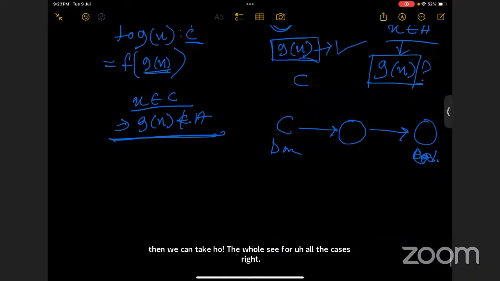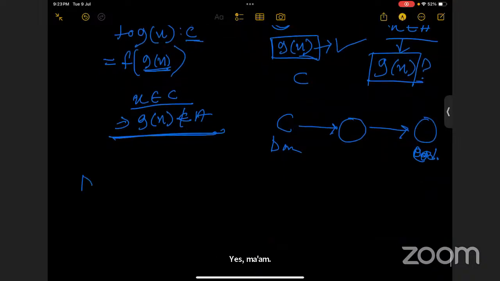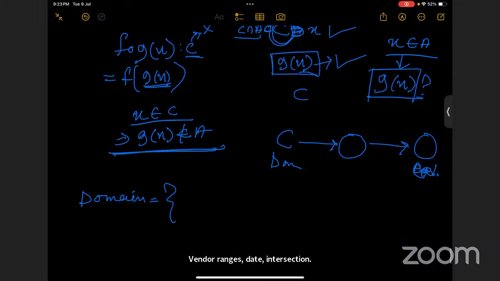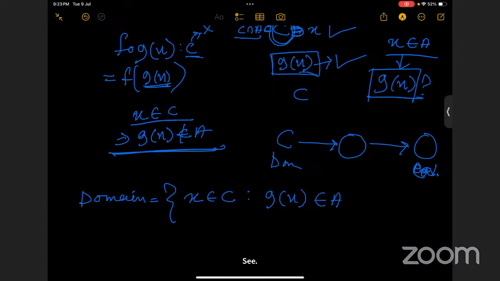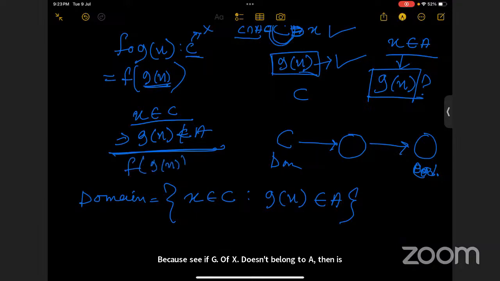Ma'am, explain it with some example so that it will be easier. Yeah, I will definitely give an example. So our domain is basically C, x belongs to C such that g of x belongs to A, right? Because see, if g of x doesn't belong to A, then is there any guarantee that f of g of x will be defined?